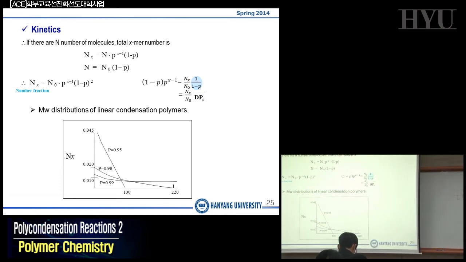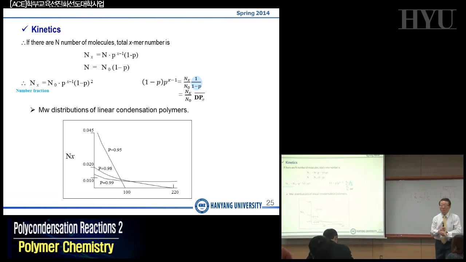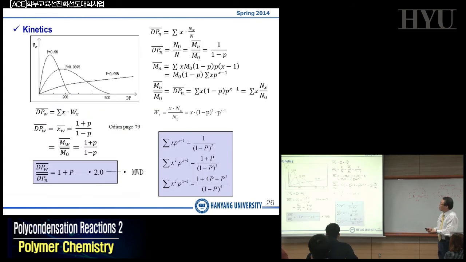We can describe this molecular weight distribution in terms of weight fraction as well. This equation is for a number fraction, but we can describe it for the weight fraction. Although this is a very complicated equation, I will explain a little bit: the weight fraction is on the y-axis, and this is the degree of polymerization, x.